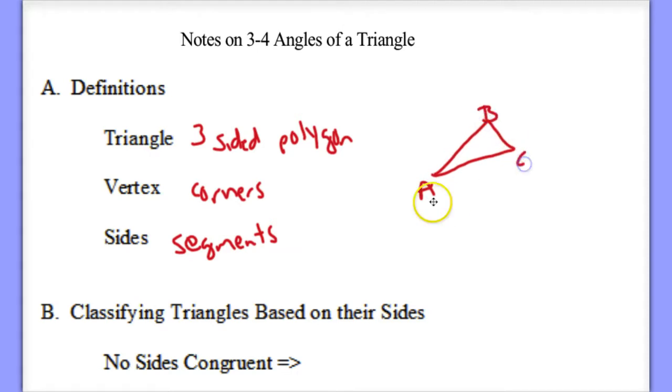A, B, and C would be the vertices of the triangle, and the sides would be segments AC, BC, and AB. If I wanted to talk about this triangle, I would call it triangle ABC, and the symbol for a triangle is a triangle.